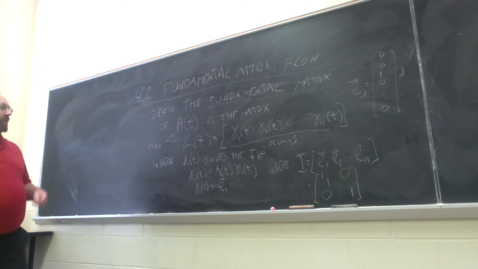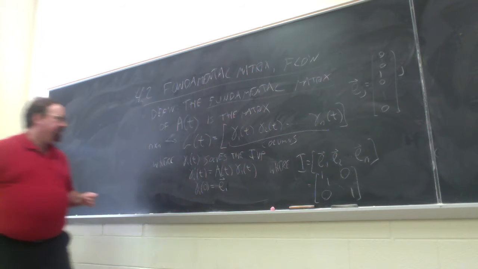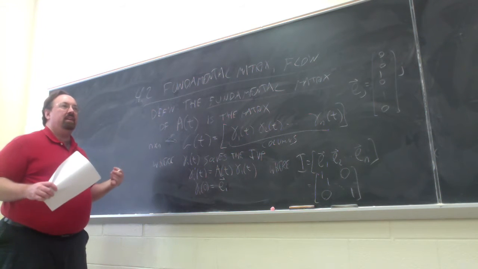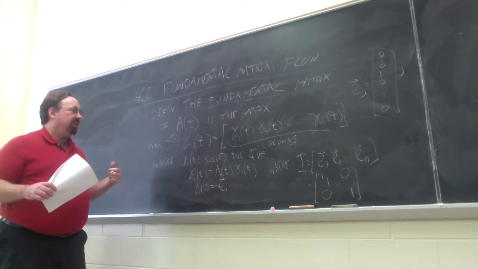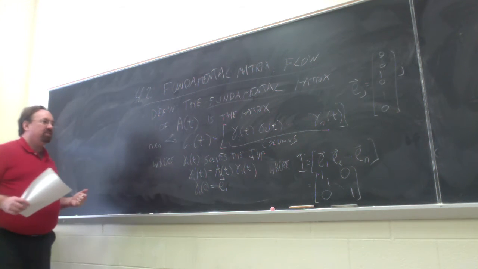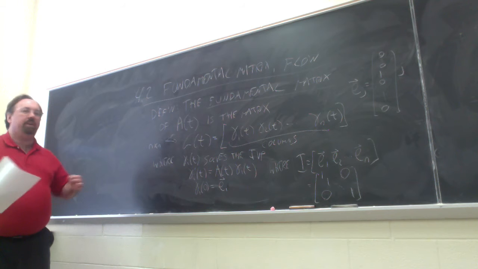So a fundamental matrix, its columns are solutions, and the fundamental matrix is a handy device for describing all solutions of a particular system of ODEs for the whole vector space of possible initial conditions, because your initial conditions can come from the vector space Rn.